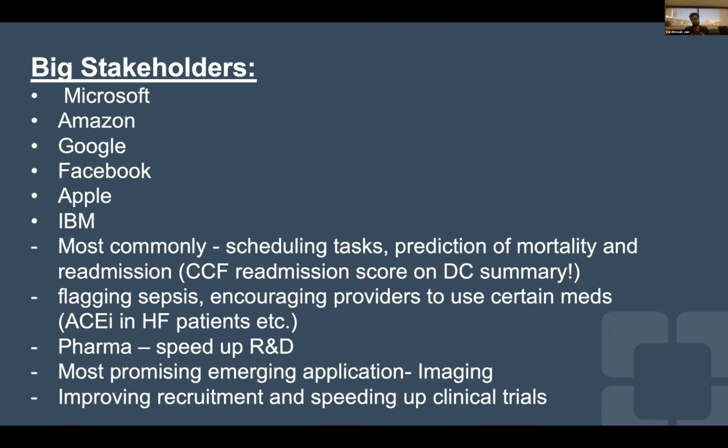For example, if you show all of Cleveland's hospitals' data to a well-trained algorithm that knows I'm going to pick up all the patients who need fish oil for primary prevention, then it'll automatically scan the EHR to see diabetics with a high ASCVD score, and it would say, hey, these are good participants. So I think in that sense, AI has been really important in helping the recruitment of clinical trials.